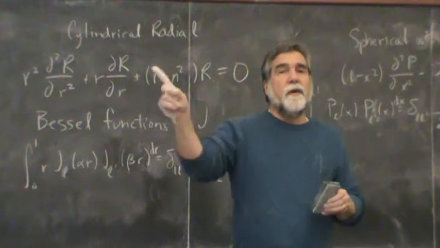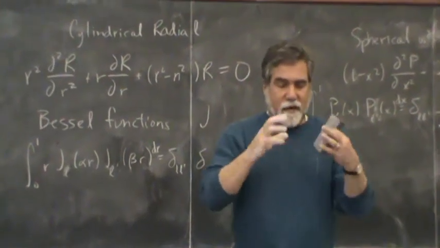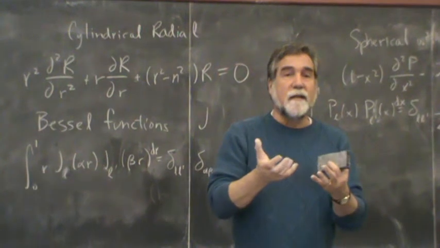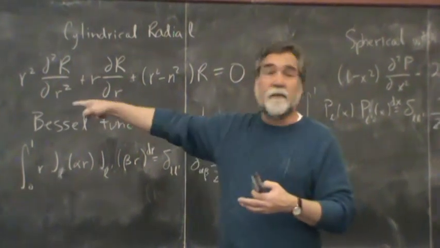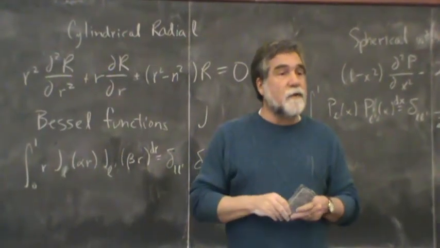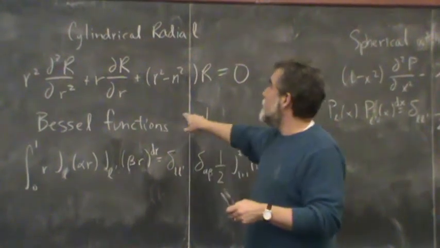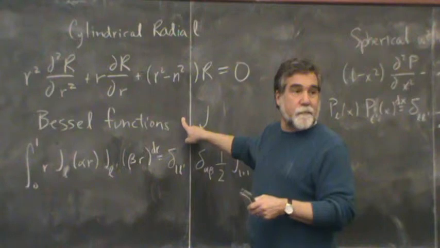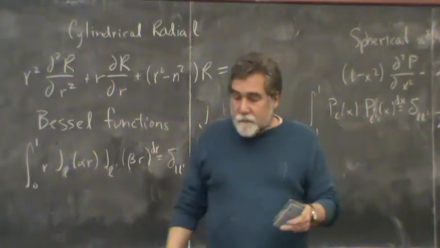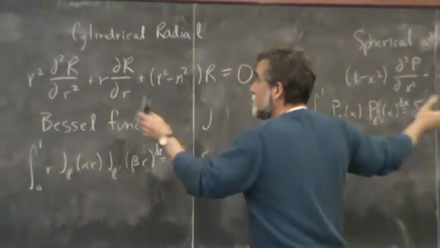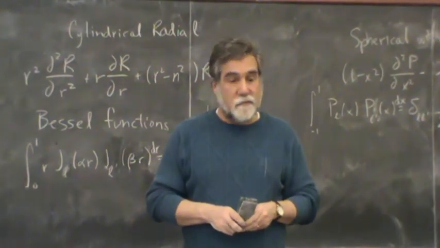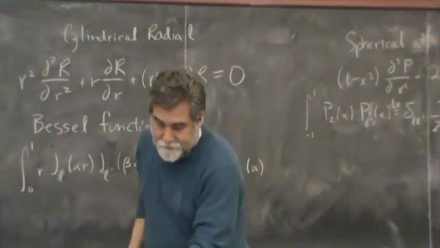So if you have your potential defined on a cylindrical surface, then most frequently you're just going to be using a Fourier series to express that, and then the cylindrical functions come along for the ride. But all of these form complete sets of functions.